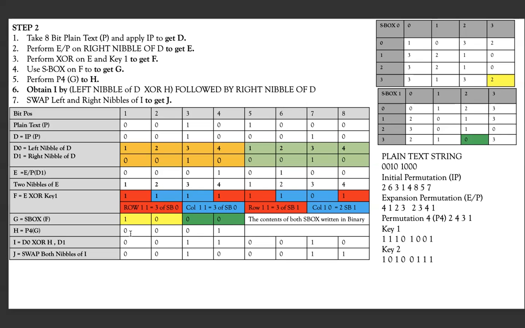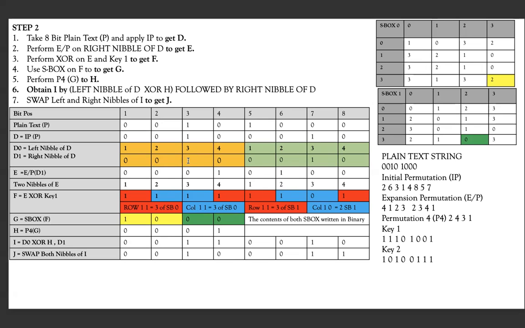So basically the first bit of D0 is 0 and H is 0, so 0 XOR 0 is 0. And then I have the D0 second bit also 0 and H is also 0, so 0 XOR 0 is 0.